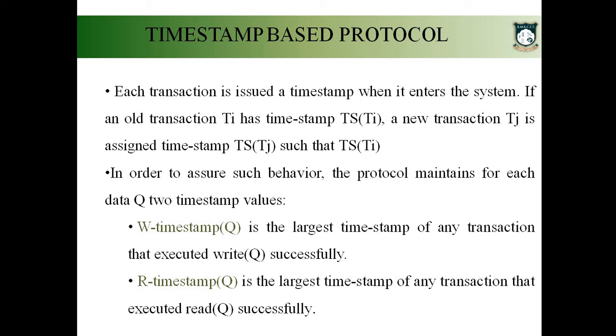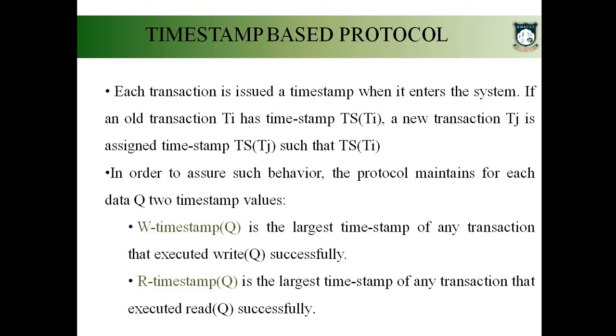I will repeat the point once again, students. Assume that you have a data item called Q, and this Q is read by 3 transactions, T1, T2 and T3. Among these 3 transactions, whichever has the greater timestamp value, that value will be the read timestamp value of the data item Q.